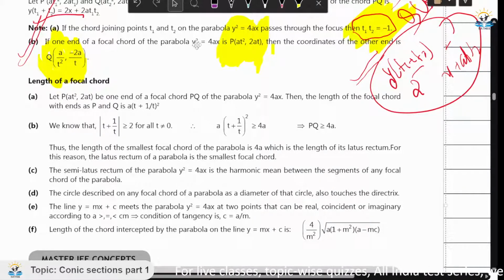Yes, so getting back, the length of the focal chord is equal to a (t plus 1 by t) whole square.